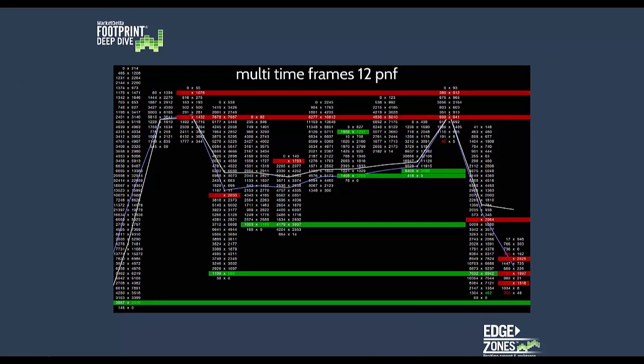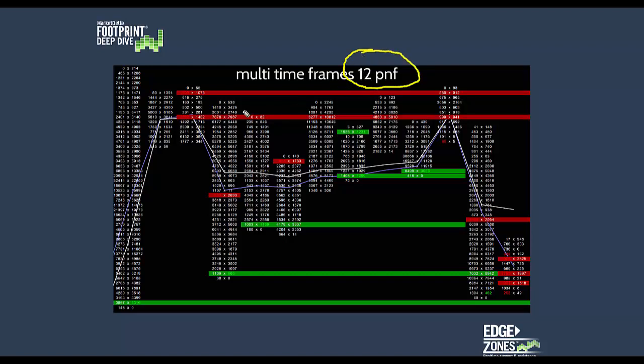All right, multiple time frames and multiple markets. First, multiple time frames. We're going to go over a lot more charts in another video. For just your first look at multiple time frames, let me use a 12 PNF.